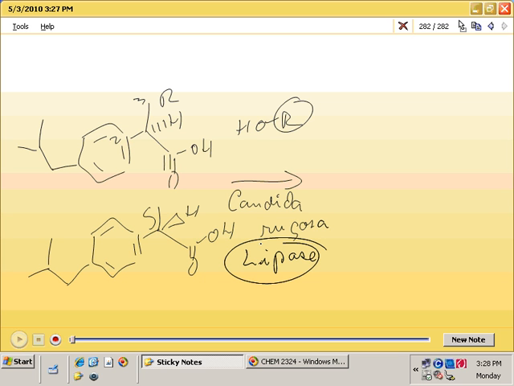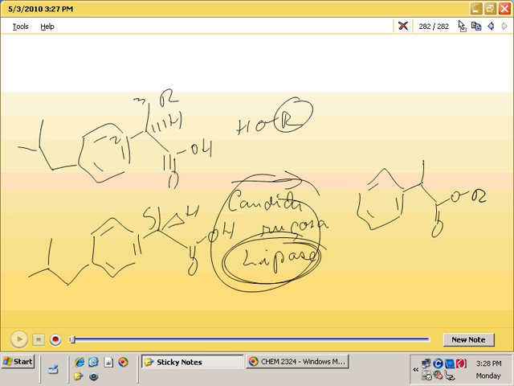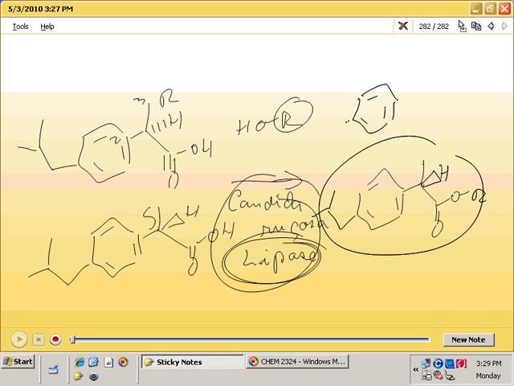But because this lipase is an asymmetric thing, made up of a protein that has all asymmetric components, what this enzyme catalyzes is the reaction. It should look like a Fischer esterification, but there are no strong acids required. Anyway, it catalyzes the esterification of one ibuprofen enantiomer, and it leaves the other one behind.